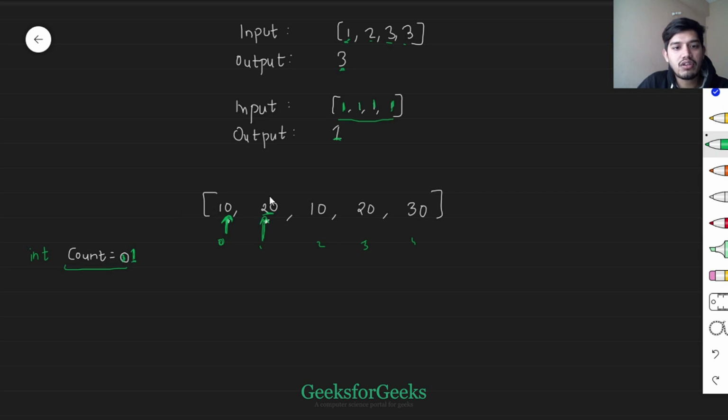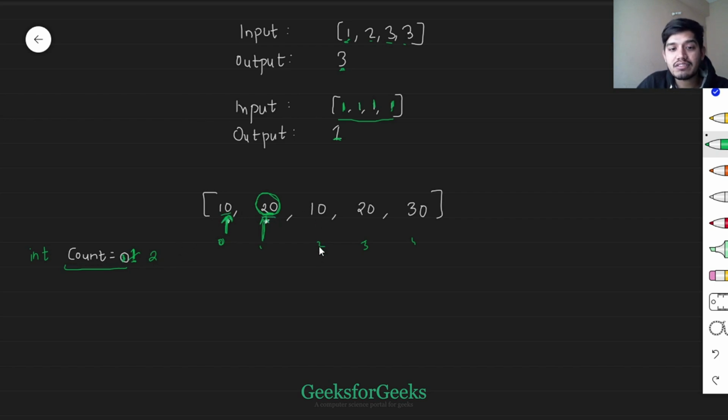Now on the left of 20, there is no element equal to 20. So we increment our count variable to 2, because 10 is there, 20 is there, both are distinct.